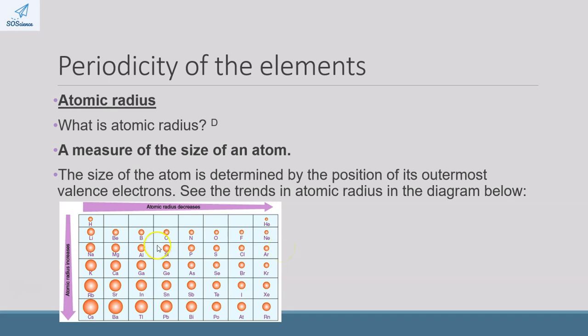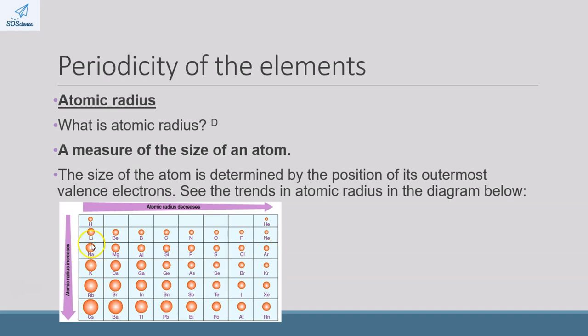Remember that atomic radius decreases because there's a stronger pull on the electrons when the nucleus is larger. So within an energy level, all the outermost electrons of all the period 3 elements exist in n equals 3.